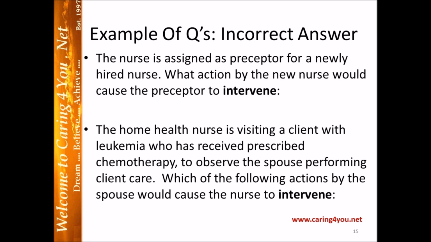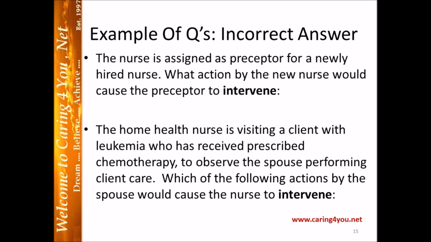So the fact that they're newly hired, don't worry about it. Pay attention to what it's asking. What action by the new nurse would cause the preceptor to intervene? What is the newly hired nurse doing wrong? That incorrect action will be the correct answer on the NCLEX.